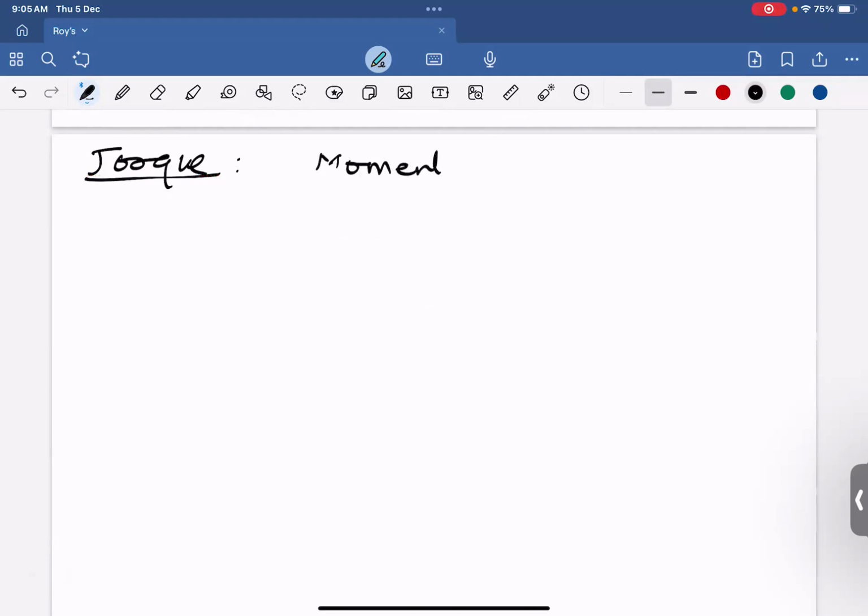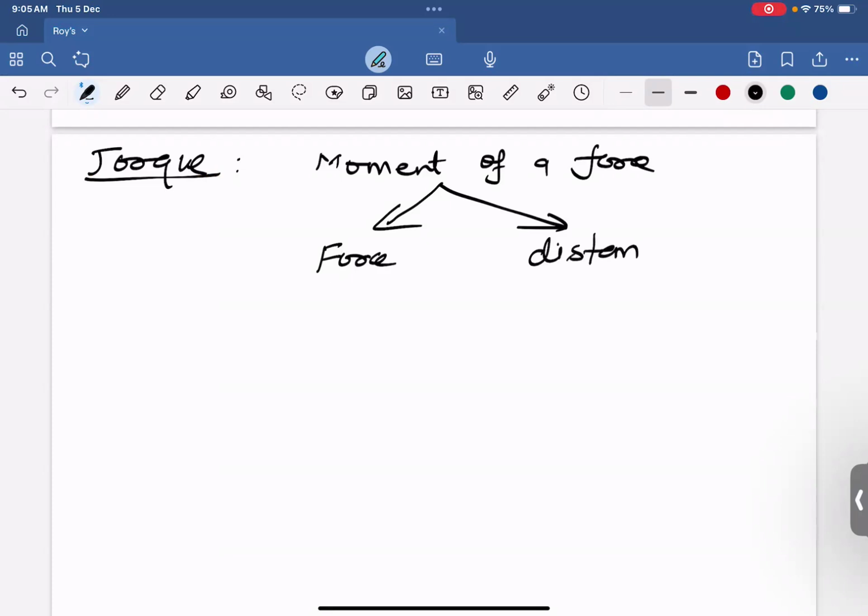So the moment of a force depends upon two things. It first depends upon how much force you are applying, and second, the distance where you are applying the force, that is, the distance from the axis of rotation. Two things you have to take.